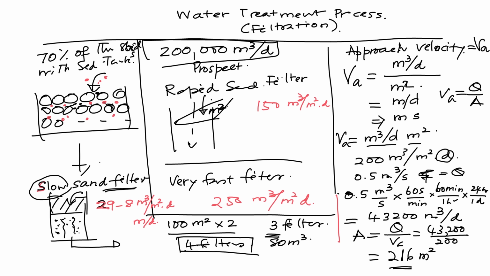Then you can operate 3 filters at a time. That will give you 3 times 80, about 240 square meter. Then the rest you can keep for future use. So that is how this one works. I hope you understand what I was talking about.